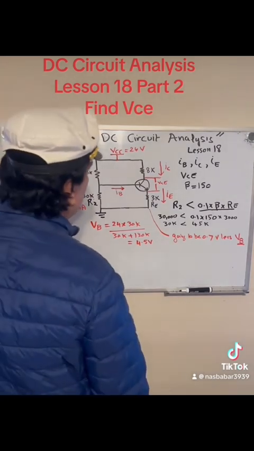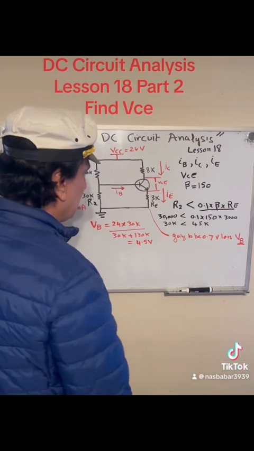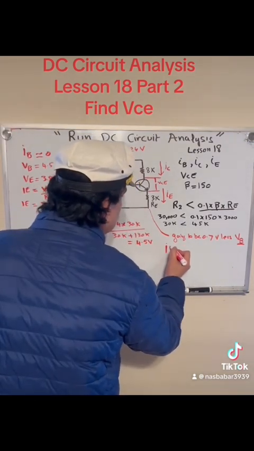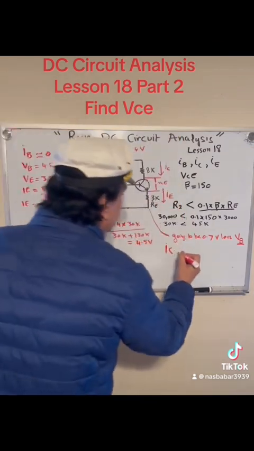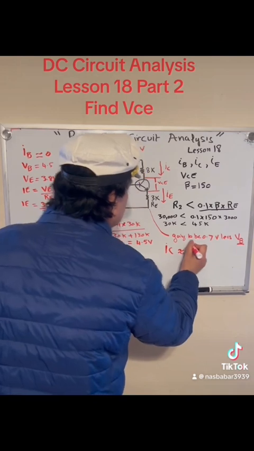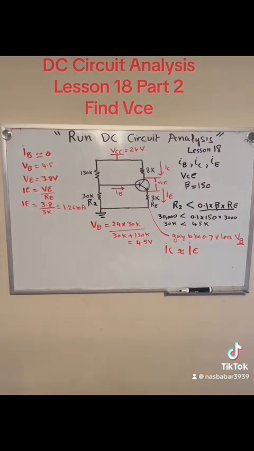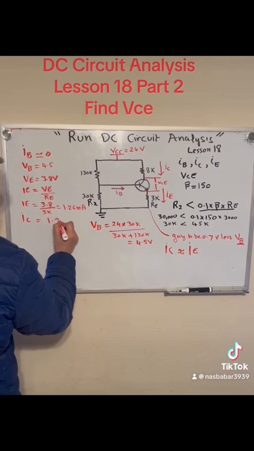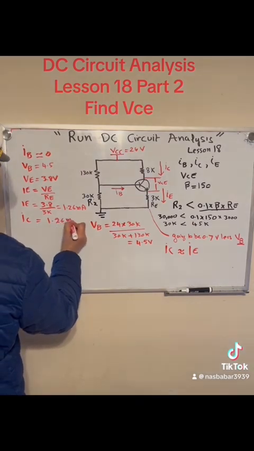Now let's make another assumption, and that assumption is that I sub C, the collector current, is almost equal to I sub E. We can make that assumption. So then I sub C is also equal to 1.26 milliamperes.